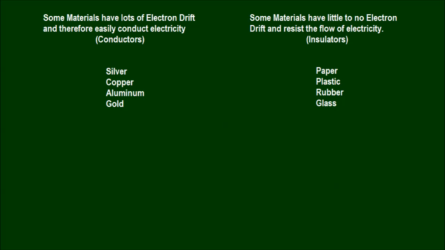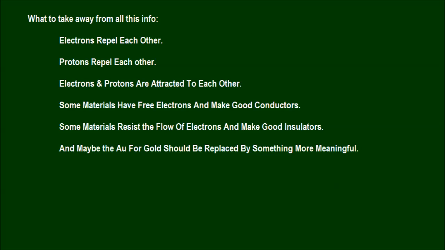Some of the best room temperature conductors include silver, copper, aluminum, and gold. And some good insulators are paper, plastic, rubber, and glass. I know this was the long way around, but sometimes it helps to understand why things are happening rather than just knowing that they do. But here's what you need to take away from this video.